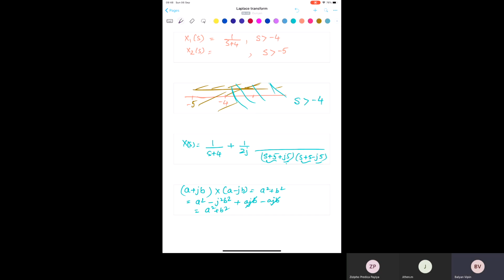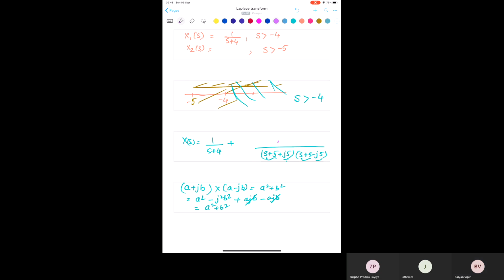So you have here into 10j, and this will cancel with this. You have 10 here, this will cancel, so it will be 5.